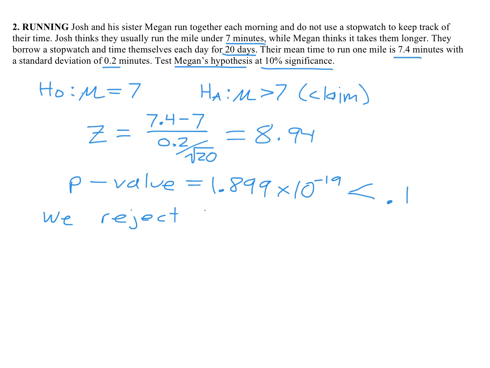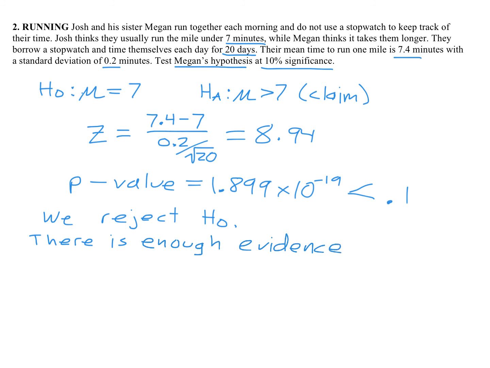So important things to notice. Your options are either to reject or to fail to reject HO. You do not have the option of accepting. It's either reject or fail to reject. So we reject HO, and whenever you reject, there is enough evidence. And remember, this last sentence needs to be about HA, but put that in context if you can.